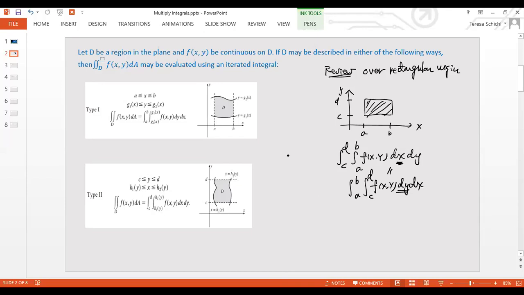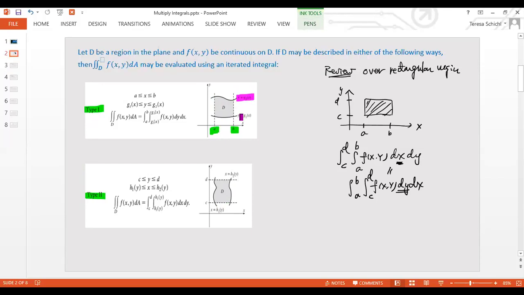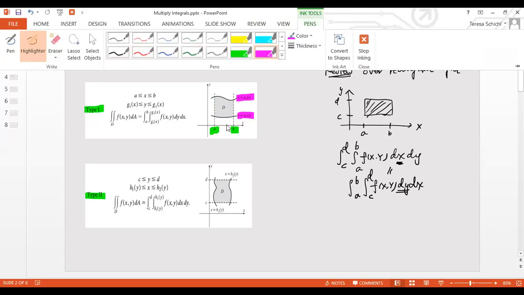Today we're going to talk about what happens if I have a general region that is not rectangular. We have two basic kinds, type 1 and type 2. For type 1, your x bound is still fixed, from a to b, but your y bound, instead of c to d, is bounded by two functions of x.